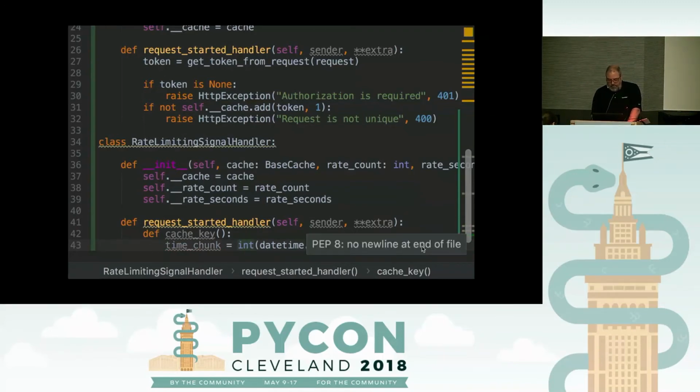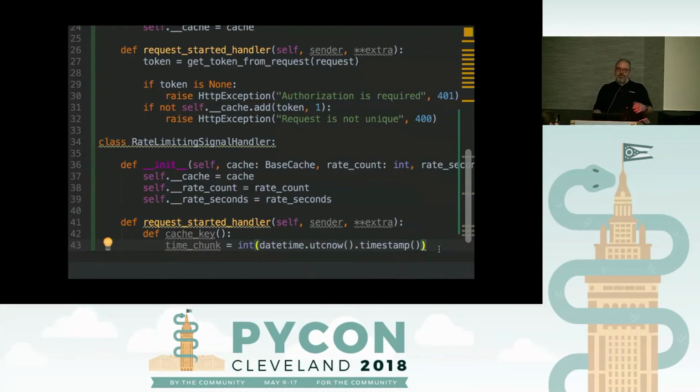Yay. Okay. So we've got timestamp. And then we want to divide it because timestamp is a double precision. It has milliseconds, and we don't care. So we want to get the integer of that, and we want to integer divide. Everybody knows the double slash, right? That means divide this and just make it integer. Love Python. And we're going to divide that by the rate seconds.